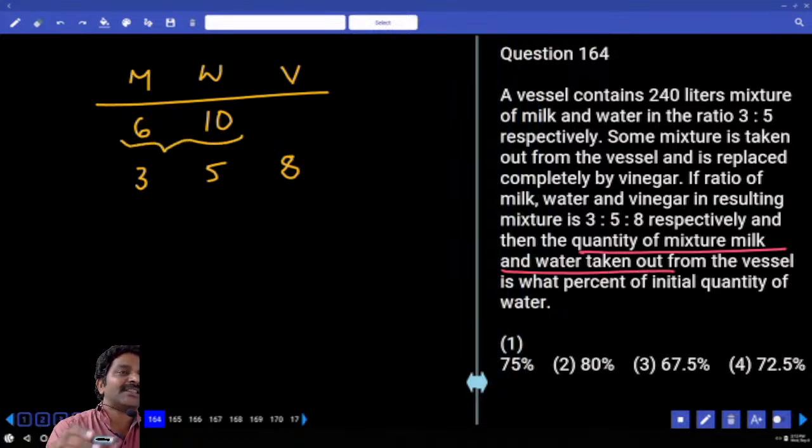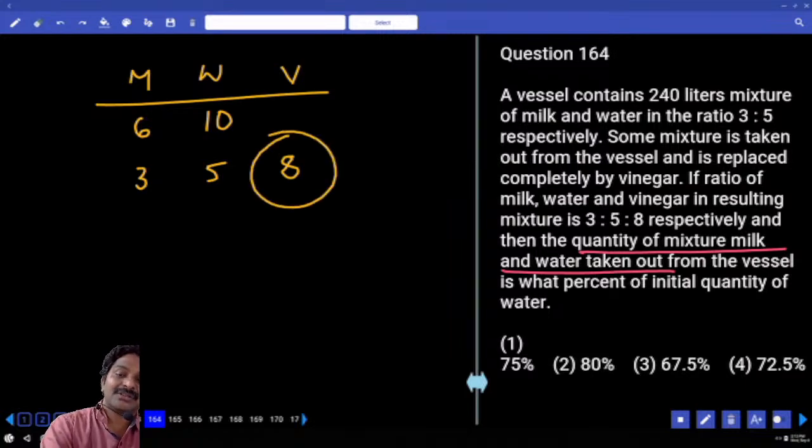Initially how many parts are there? Now how many parts are there? How much quantity is taken out? The vinegar in the container is equal to the quantity of mixture of milk and water taken out from the container.